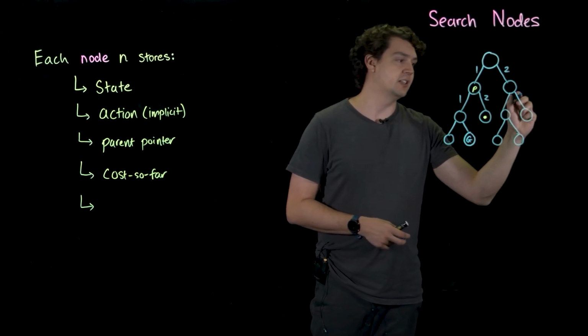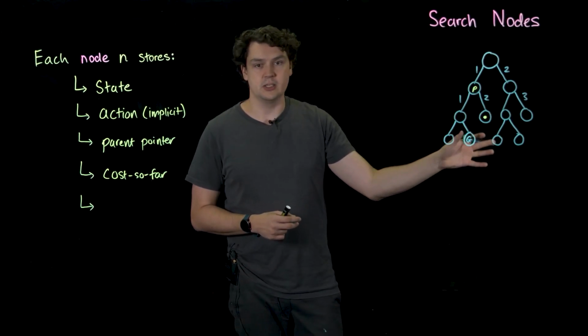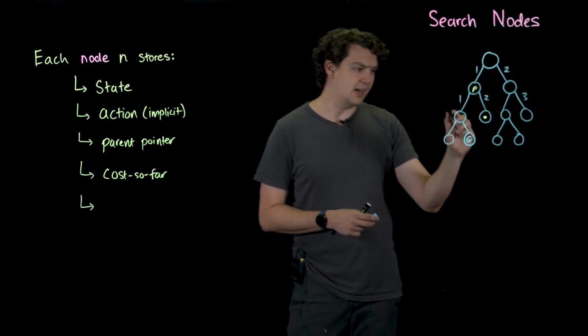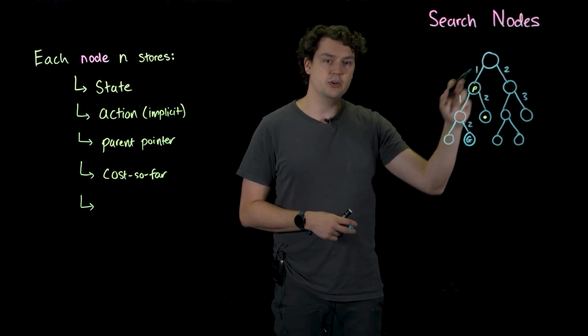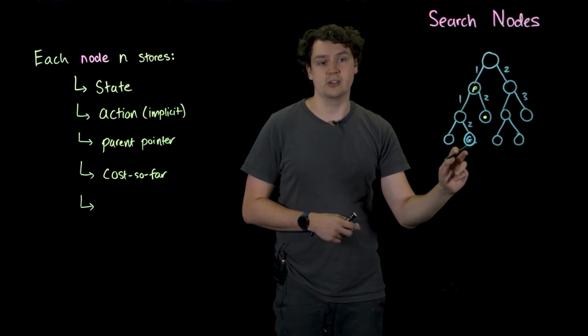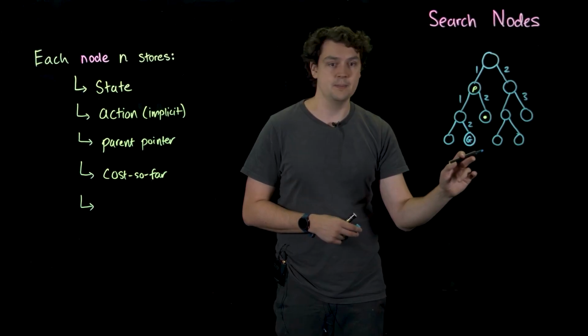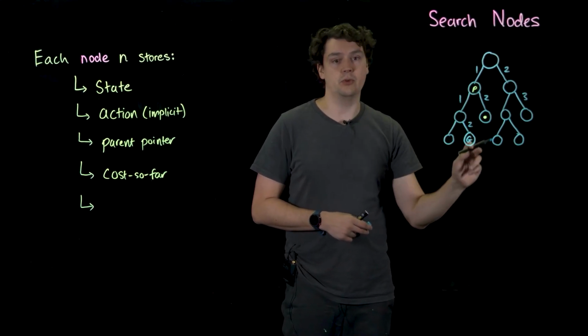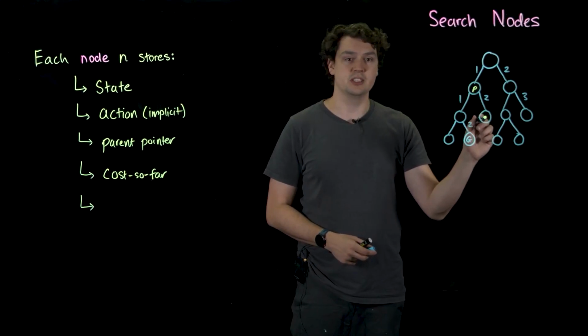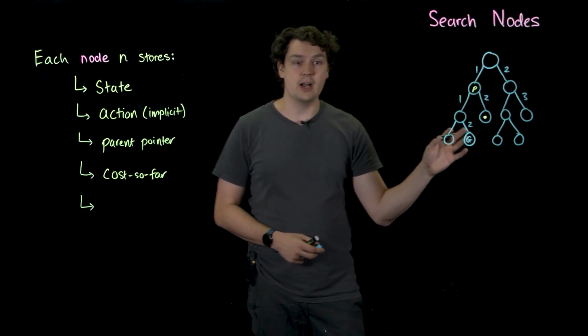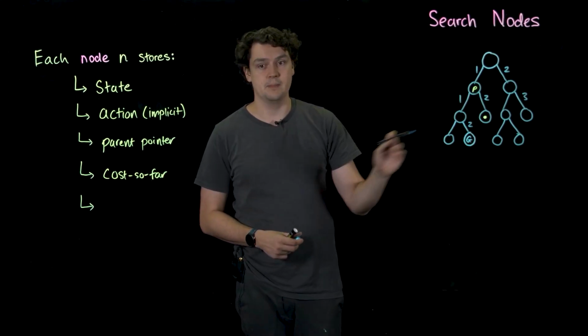I'll do this, and so it never has to be the same. These depend on the problem itself. In this case, the path from the root node to the goal G, so this is now our current node N, which is the G, has a cost of 4. So the cost so far would be 4. If we were looking at the node we did before, this yellow node here, then that one would have a cost of 3 thus far.